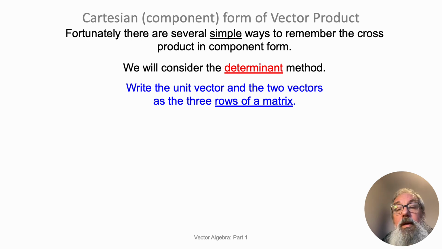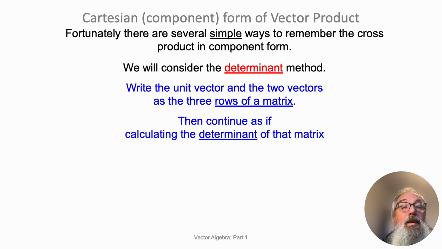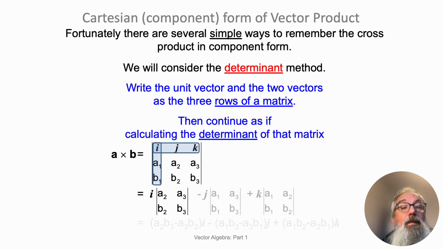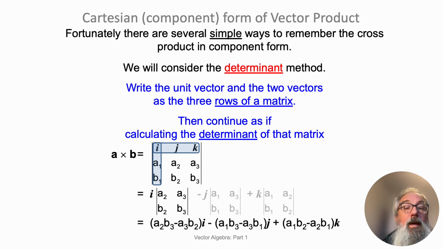If you've done any matrix algebra previously, you'll have done determinants, and on this course you're going to do matrices later. However, let's just have a look at what we mean by this determinant. So to calculate A cross B, we would write a matrix with the three unit vectors, I, J, K, and the two vectors that we're crossing written down in components.